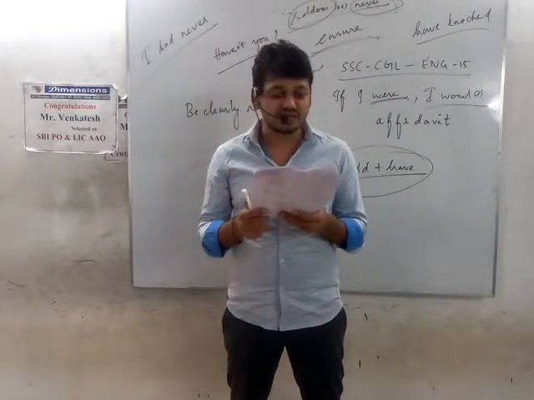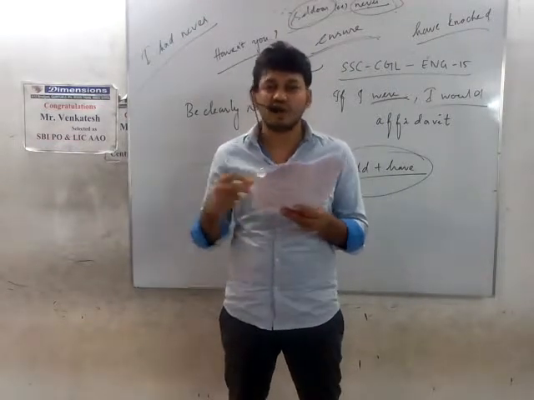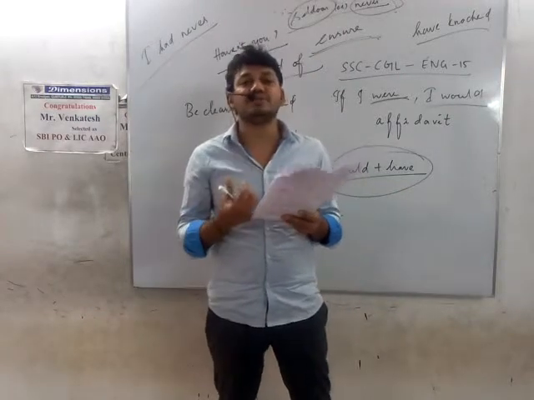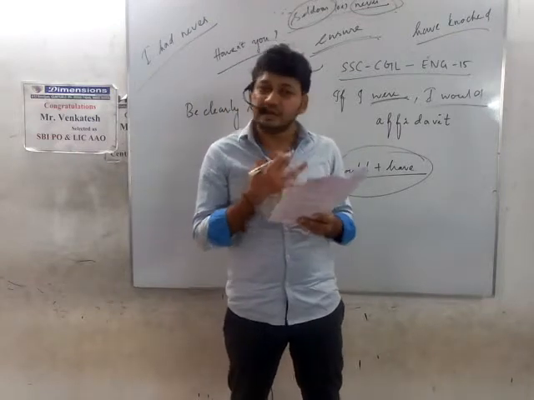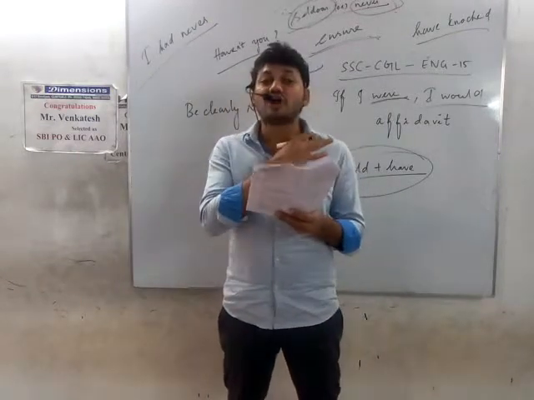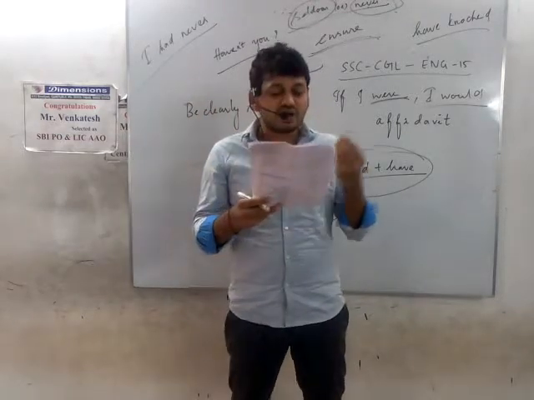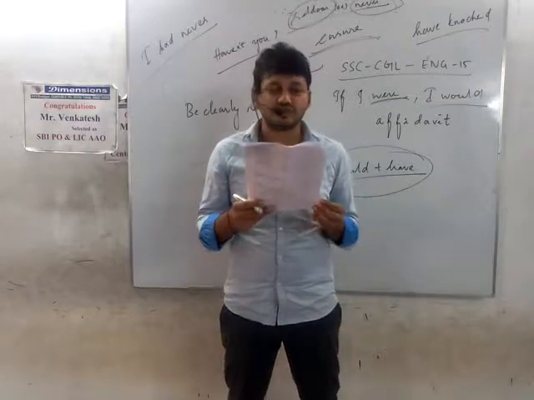So fate smiled on him in all his ventures means businesses or whatever he does. Fate smiled on him means fate favored him with all his ventures. That's what it means here. So it's not smiled at, which you can use just for a person, not for fate. So smiled on should be used for fate.